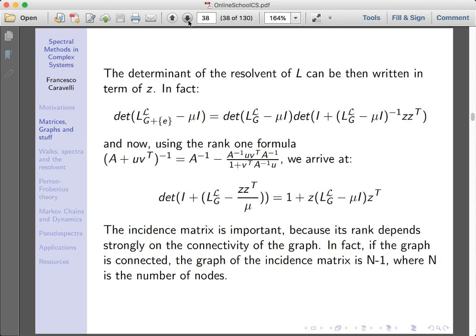Why do we use these? Do we need these properties? It's just because then we can discuss the properties of the determinant of the Laplacian. In fact, we can write the determinant of the characteristic polynomial of the Laplacian of the line graph, and rewrite this via the trick that I just described, by adding z, and using the Sherman-Morrison formula, here called the rank-one formula. I suggest you look it up.